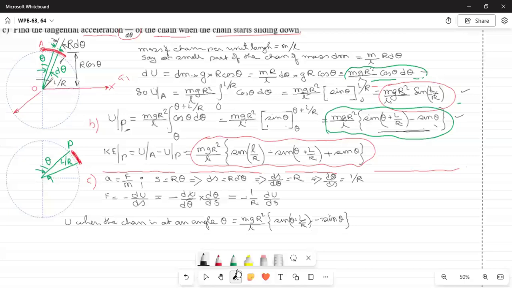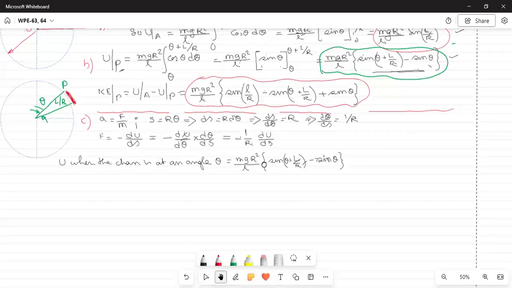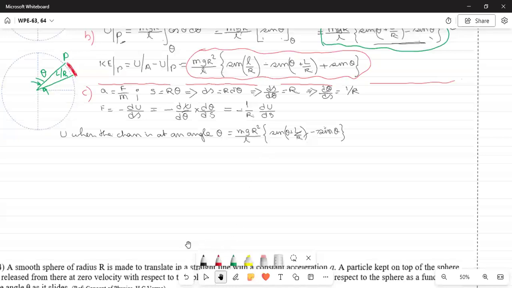This was the potential energy when the body is at an angle theta.